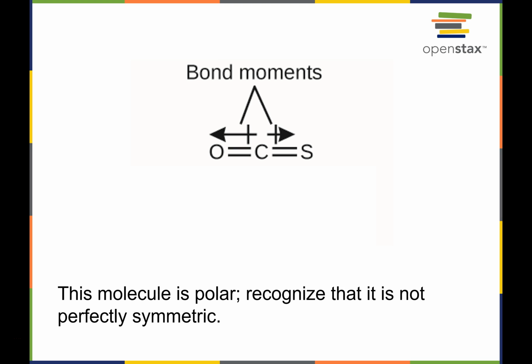So we have partially positive. To me the center of positiveness would be over the carbon atom. But because of the lengths of the arrows, would the partial negativeness be here to the left, closer to the oxygen, or would it be to the right, closer to the sulfur? Closer to the oxygen, yep, because it's stronger.